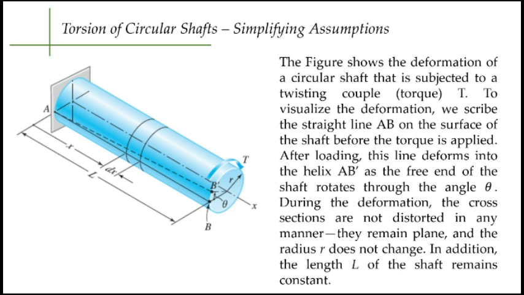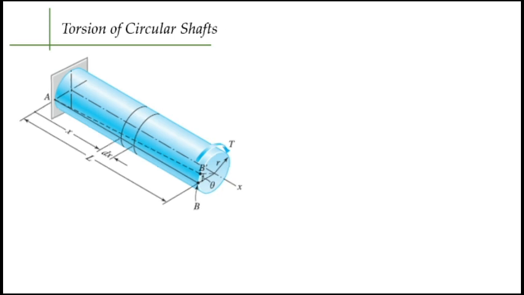Basically, for the following slides, it shows that for this example, this part here is fixedly rigid, therefore the blue portion here is fixedly attached to the rigid portion.